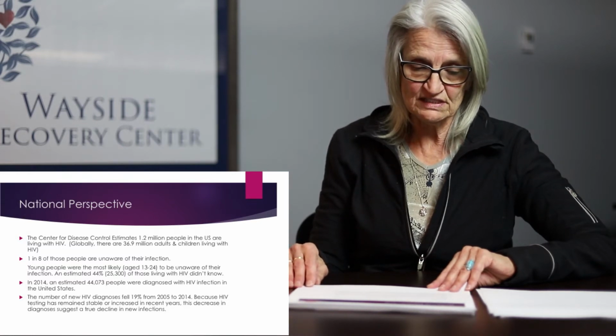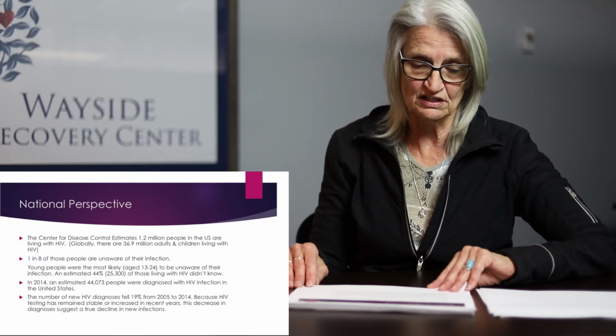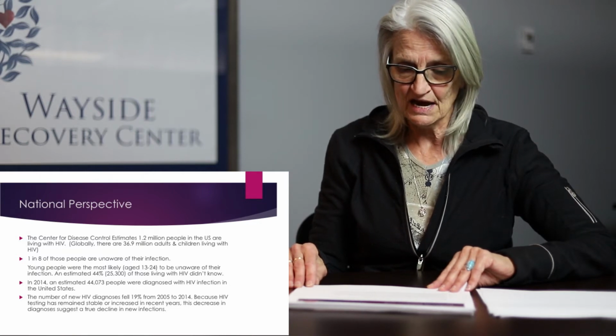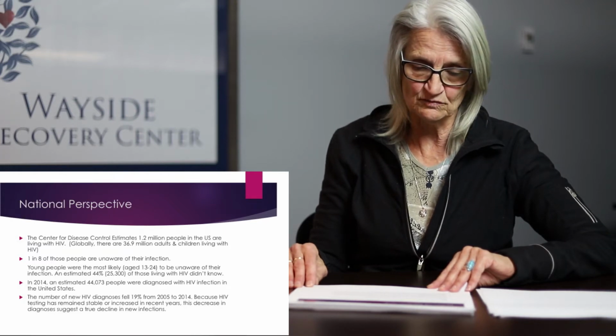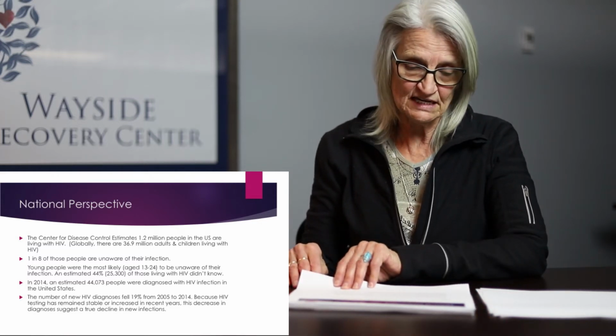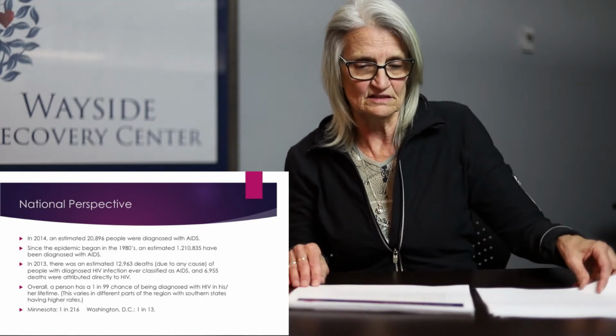In 2014, an estimated over 44,000 people were diagnosed with HIV infection in the United States. The number of new HIV diagnoses fell 19% from 2005 to 2014 because HIV testing has remained stable or increased in recent years. This decrease in diagnosis suggests a true decline in new infections, and that's good news.